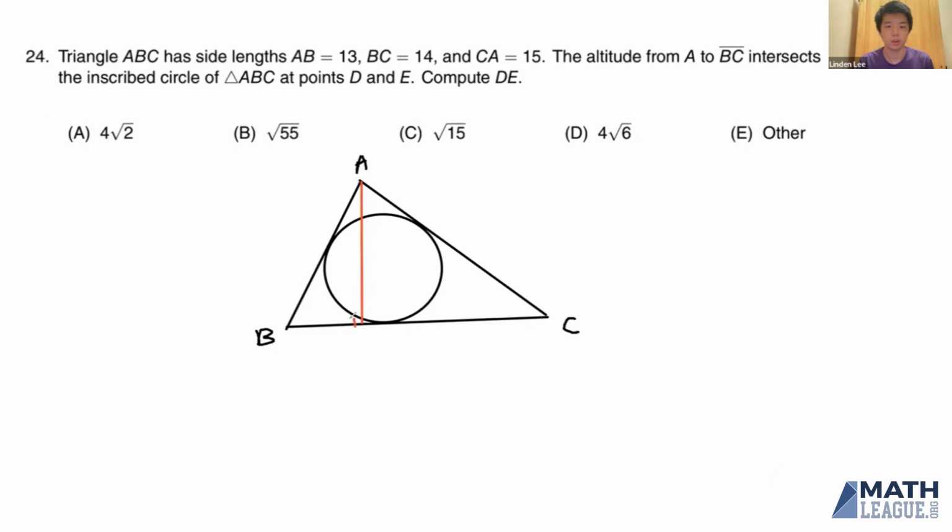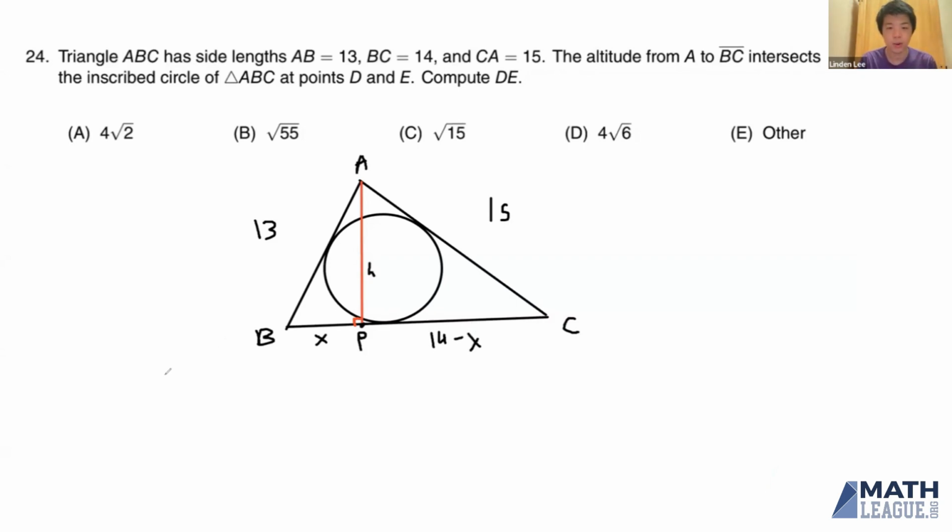And so I drop this altitude, and all of the numbers work out almost perfectly because this side is 13, this side is 15, and this side is 14. We could actually solve for the height of this triangle. We're going to say this length is x up to this point over here, which we'll denote as point P. This is 14 minus x, and this height is h.